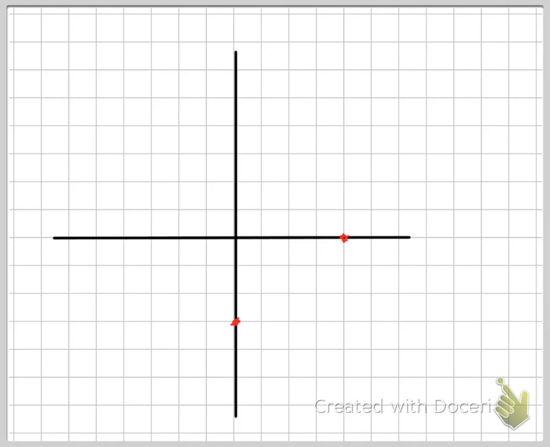Or again, I could think of it as rising -3 and running -4, and I get this point. And if you look, it doesn't matter, because both points are on the exact same line, right? So whether you think of your positive rise as being a negative number divided by a negative or a positive divided by positive, either way, it'll put them on the exact same line.